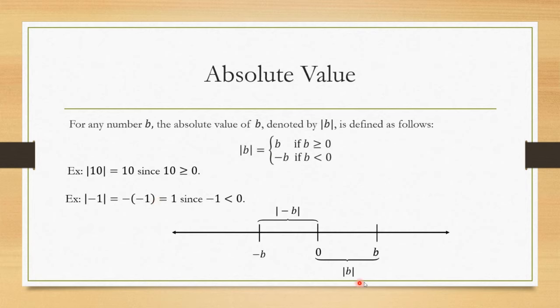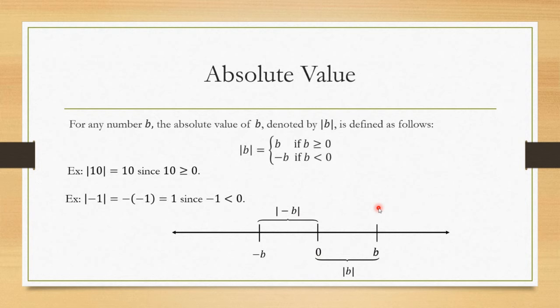You could think of absolute value as the distance along the number line between that number and 0. Like B, for instance, its distance to 0 is B itself because B is non-negative. And negative B is also B units from 0, just in the opposite direction.